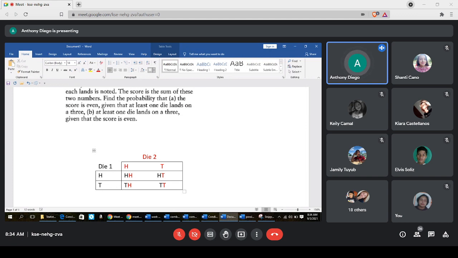Okay, so we have die 1 and die 2, both of them are tetrahedral.